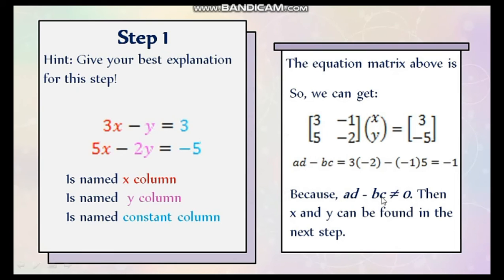Because ad minus bc does not equal 0, x and y can be found in the next step.